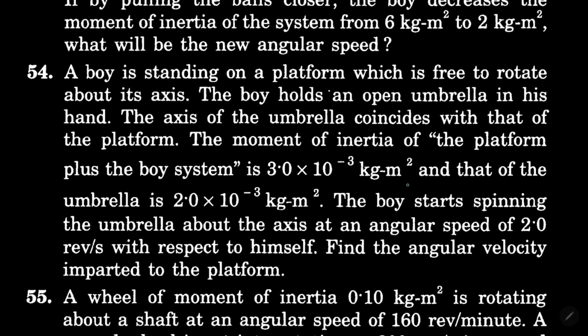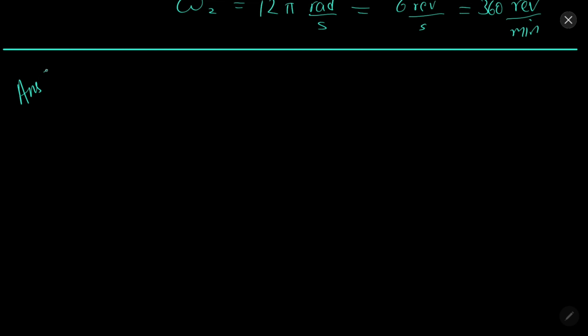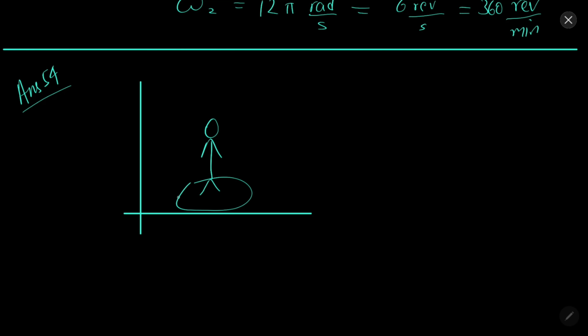In question 54, there is a boy standing on a platform. The boy starts spinning the umbrella. Find the angular speed imparted to the platform. So this is solution 54. So let us draw the situation. So this is the boy. Now he has this umbrella and it is being rotated by omega 1.